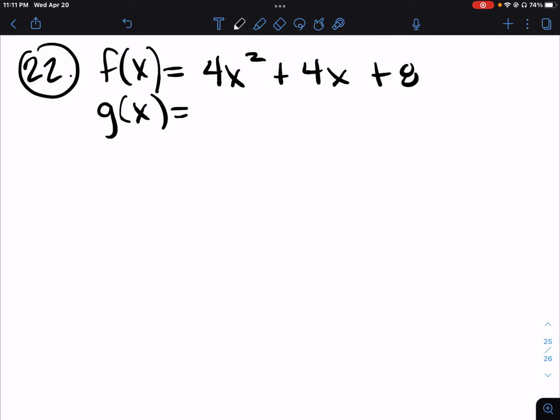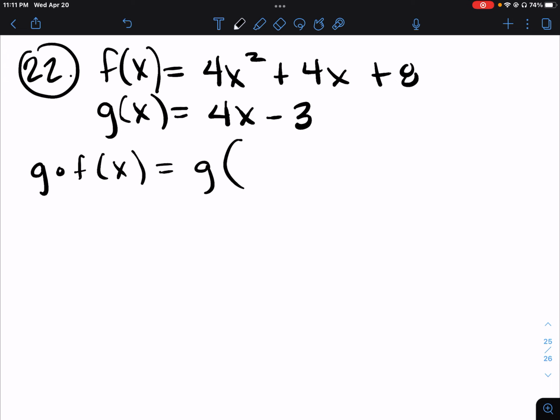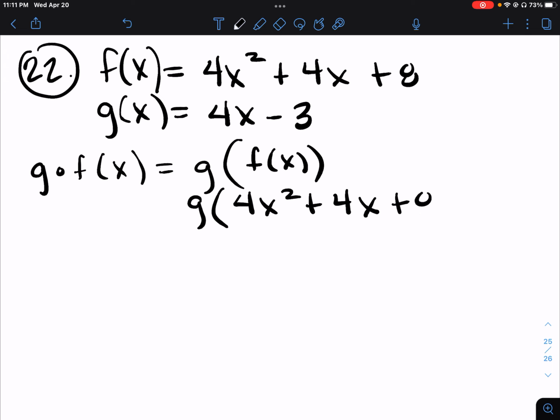Okay, f of x and g of x. To find g of f of x means g of what f of x is. Since there's g of x there, we're going to write what g of x is.